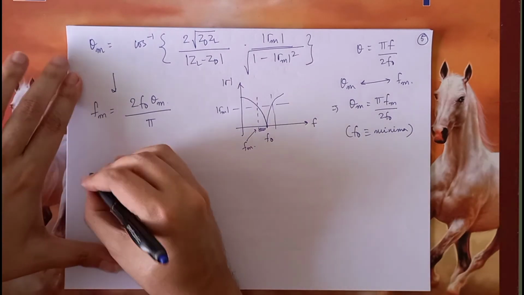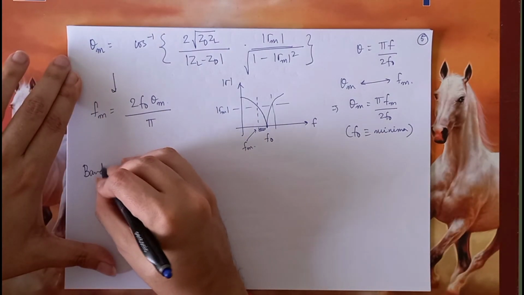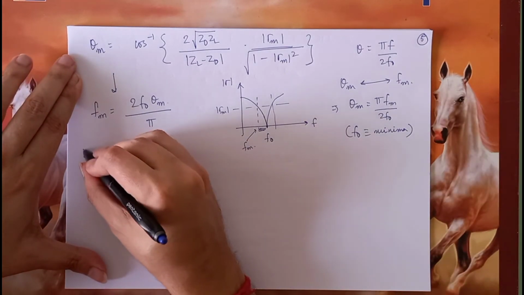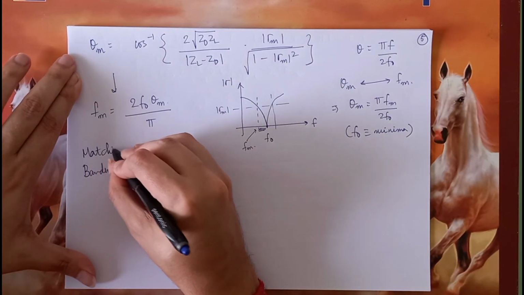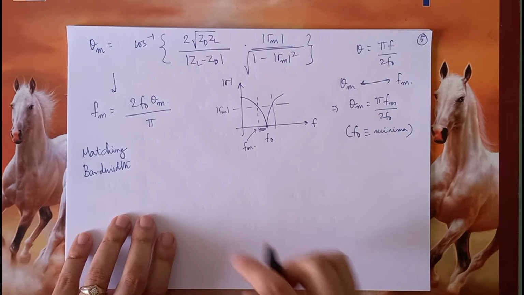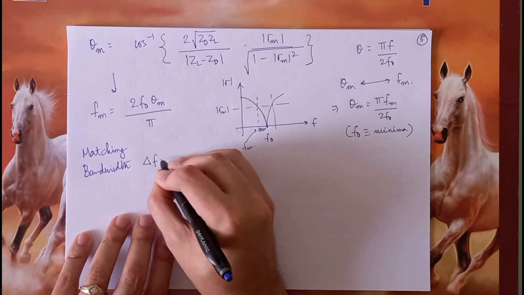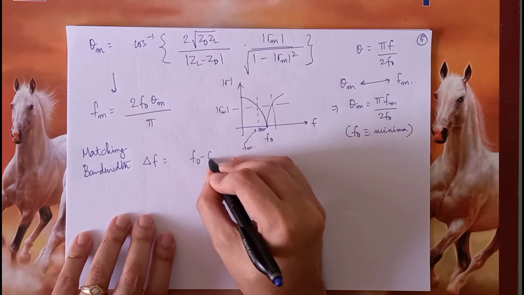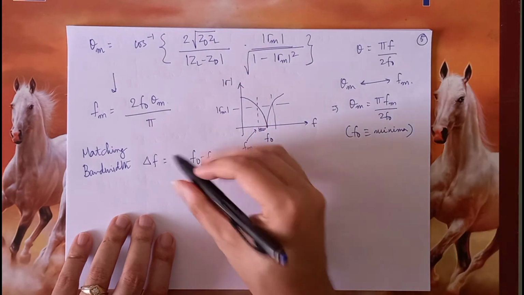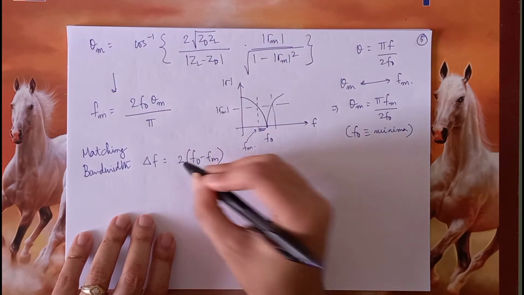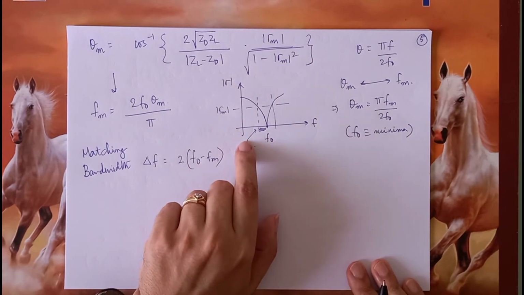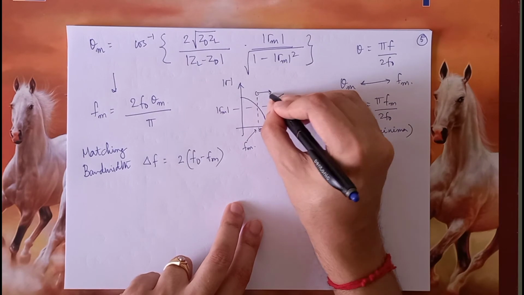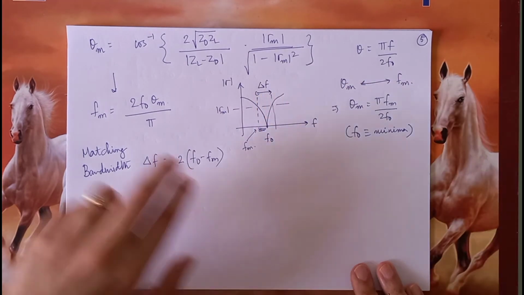So therefore, I can say the actual bandwidth or the matching bandwidth, which is delta f, that will be this difference, which is f0 minus fm and twice of it. f0 minus fm, twice of it, because this entire thing is delta f.